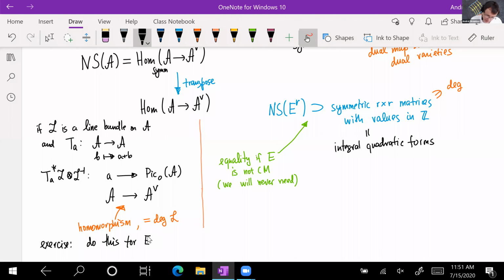Anyway, going back to this side of the story, why are we only worried about integral quadratic forms? Well, it's because we're only worried about things like Thom bundles.